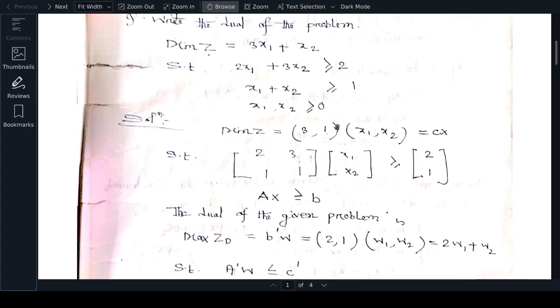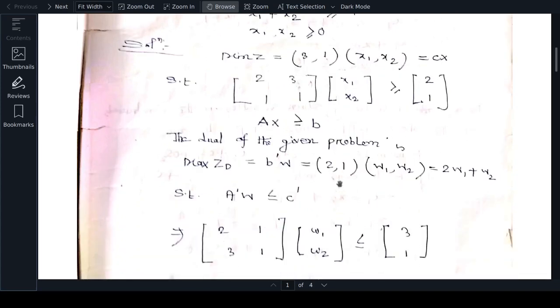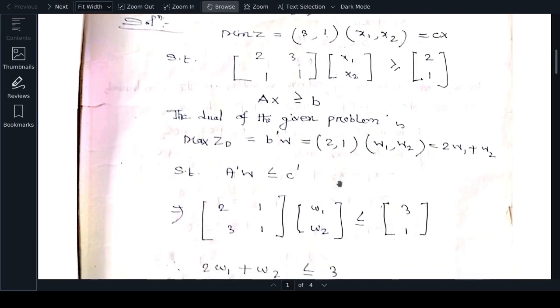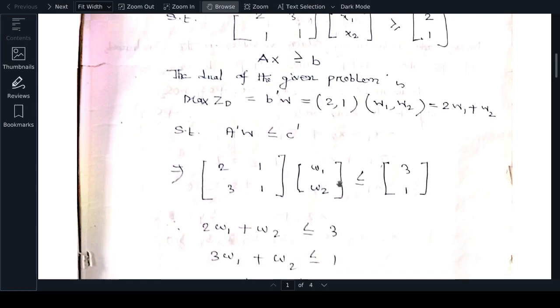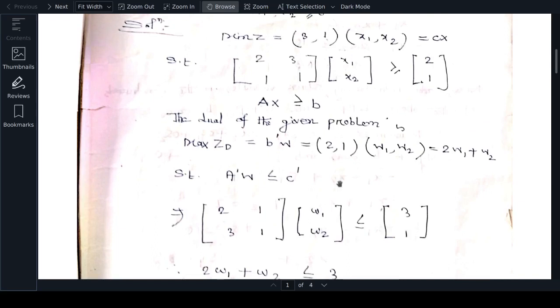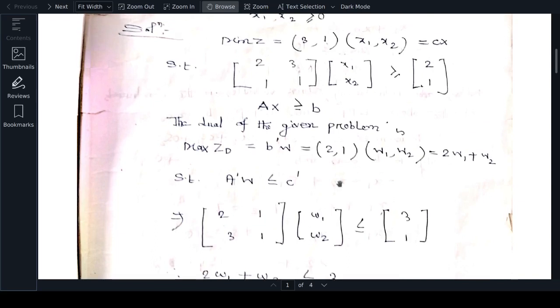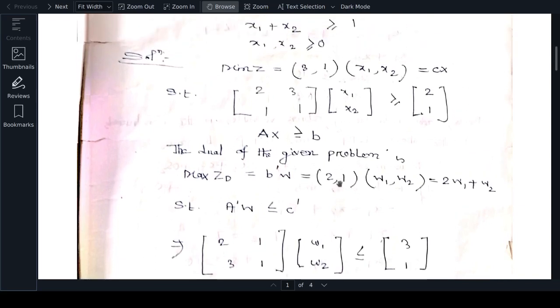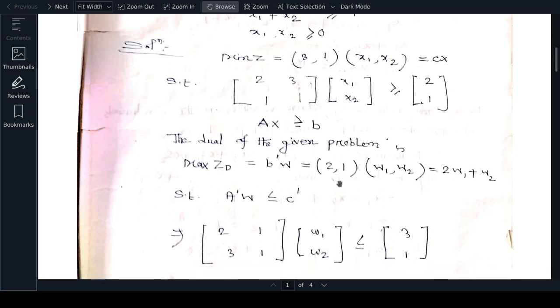You can write this matrix directly. The given matrix form has first row 2 3, second row 1 1. So to convert primal to dual, first point, transpose the coefficient matrix. Its transpose will have 2 3 in a column and 1 1 as the second column. Then w1 comma w2 less than or equal to.